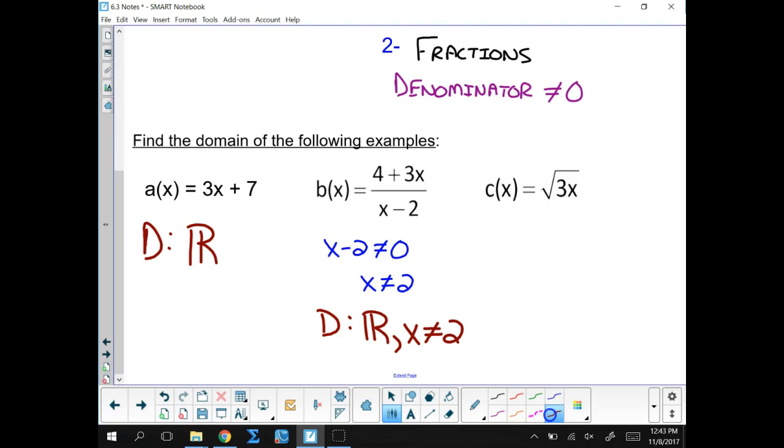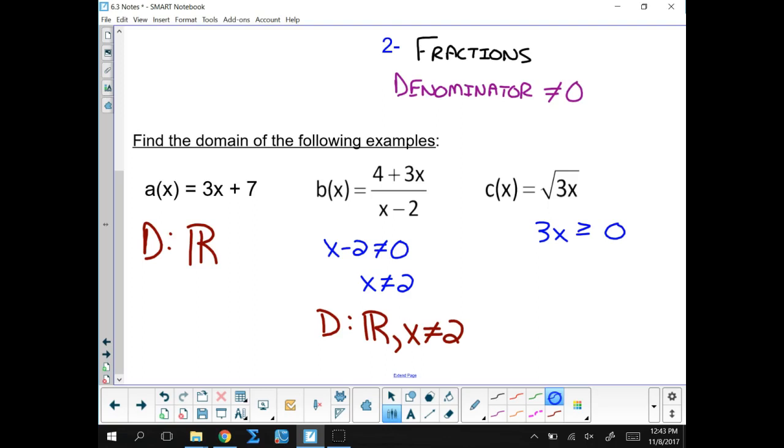Third one. Do I have a radical? Yes. Is it an even indexed radical? Yes, it is. So what's the rule with radicals? The inside has to be greater than or equal to 0, because I can still take the square root of 0, right?